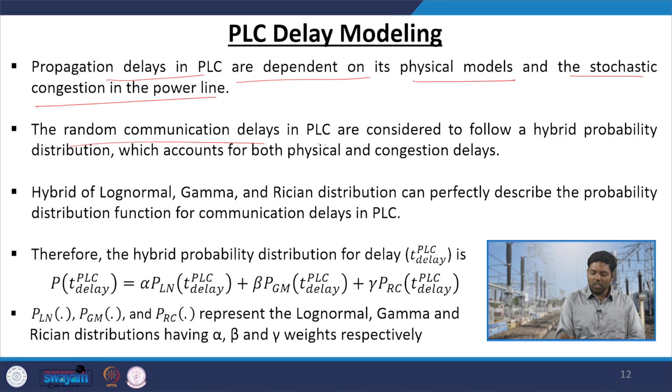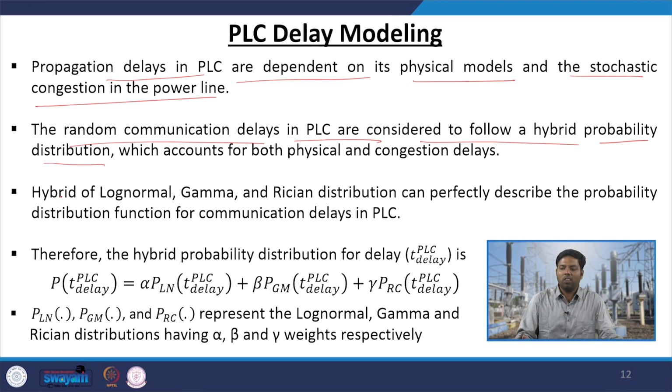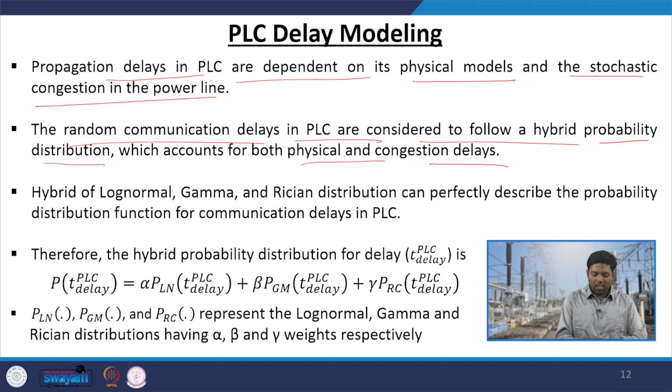The random communication delay in PLC is considered to follow a hybrid probability distribution. So combining this physical delay and the stochastic delay, we normally model the PLC delay as a hybrid probability distribution considering both physical and congestion delays. And what is this hybrid? This is actually a log-normal, gamma and a Rician distribution, added together, and it looks like this equation.